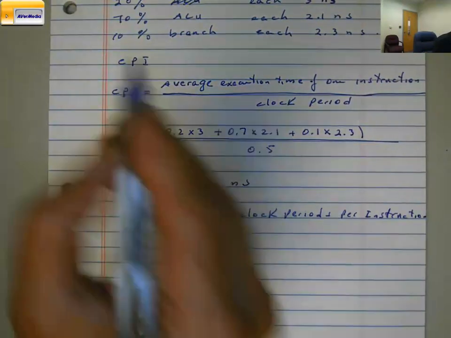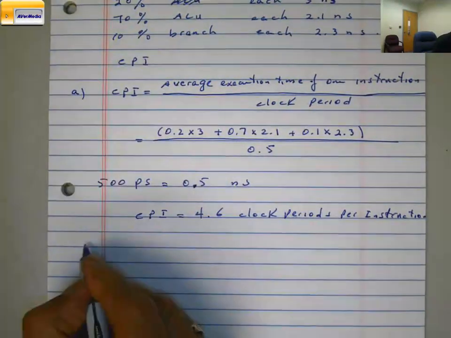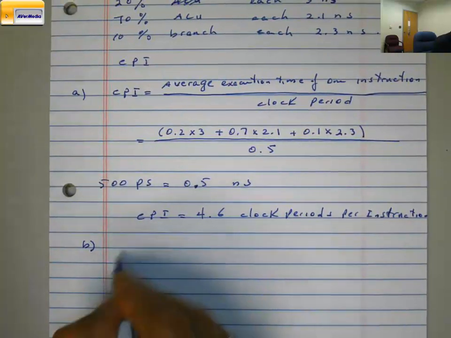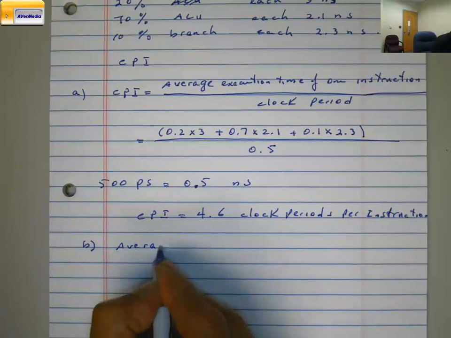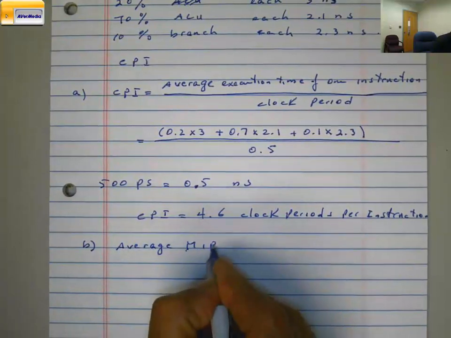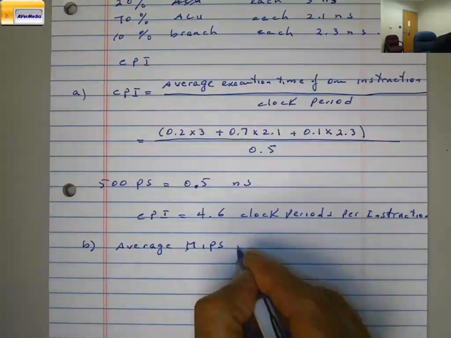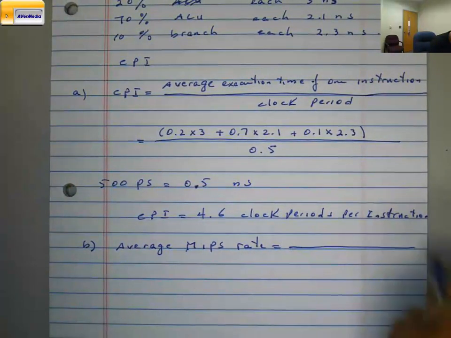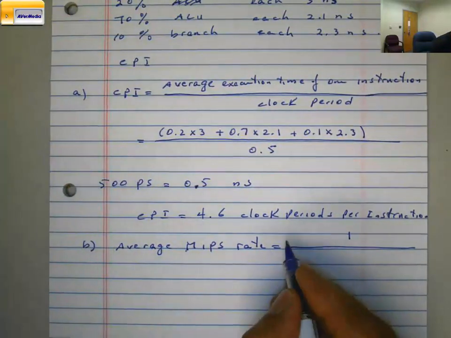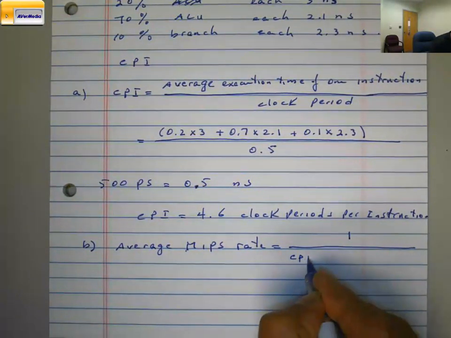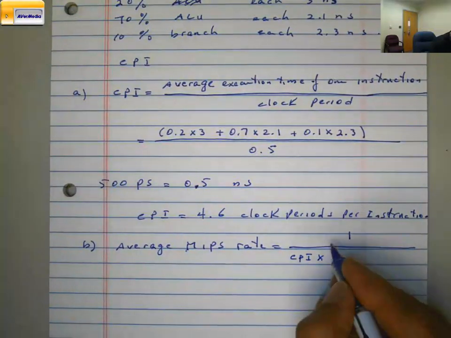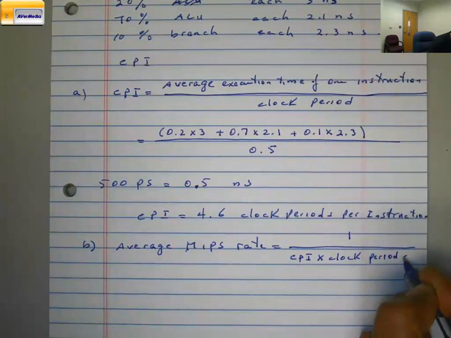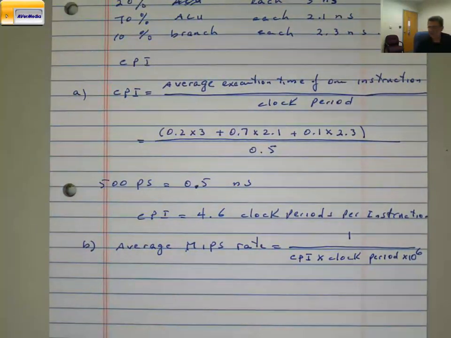Now, this was part A. Part B says calculate the average MIPS rate. Average MIPS rate is equal to 1 over CPI times clock period, times 10 to the power of 6.